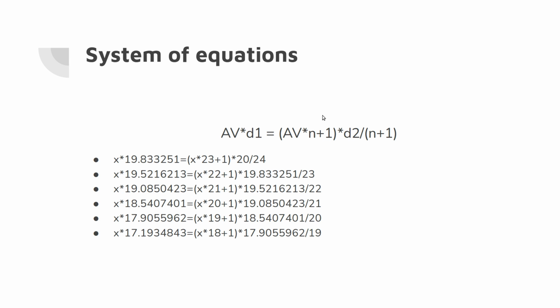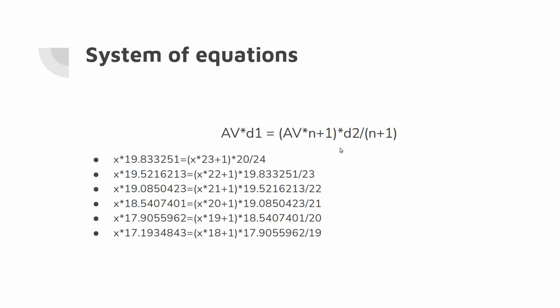So we have the average value of our symbols per spin, and then we have our average value of symbols per spin with the additional 1 cost symbol that we're removing.